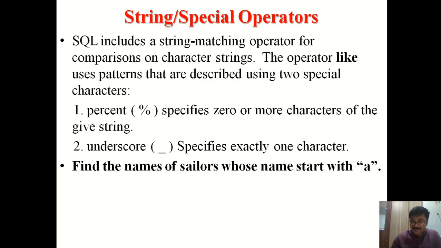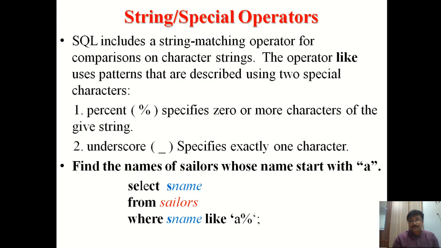How can we write this? Select sname from Sailors where sname like 'A%'. That means there is no restriction after A. The only restriction is that the first character should be A. After that, there may or may not be a character.